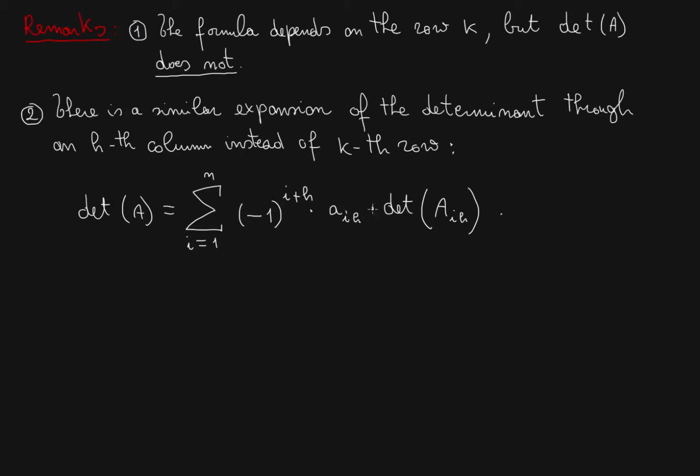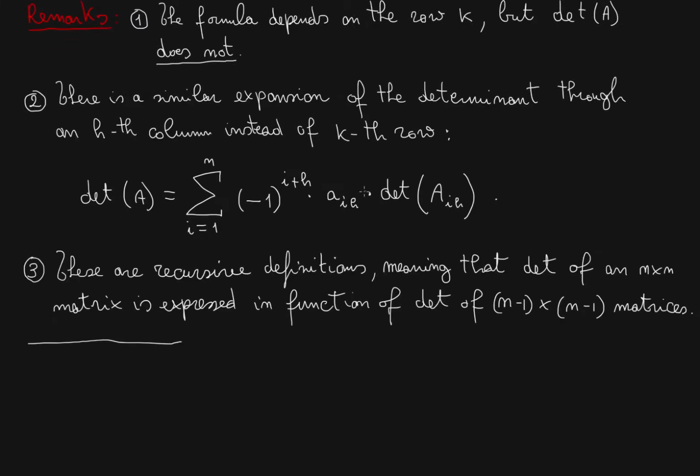And then we multiply this coefficient by the determinant of Aih, which is defined exactly as we just did for the previous formula. The next thing to notice is that these are recursive definitions.